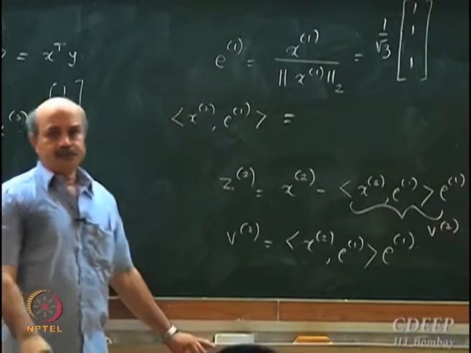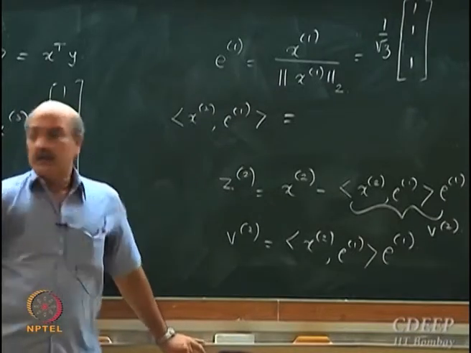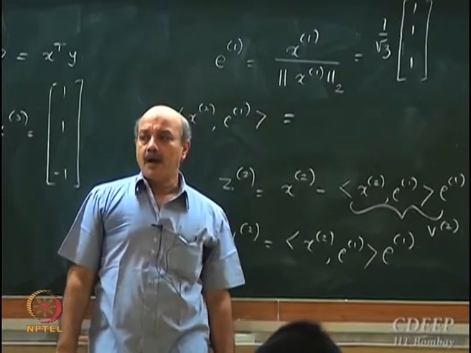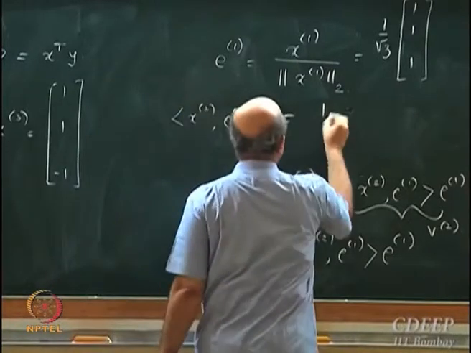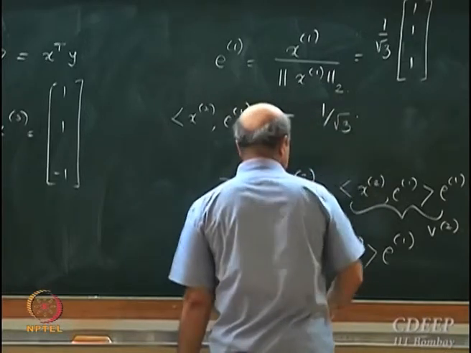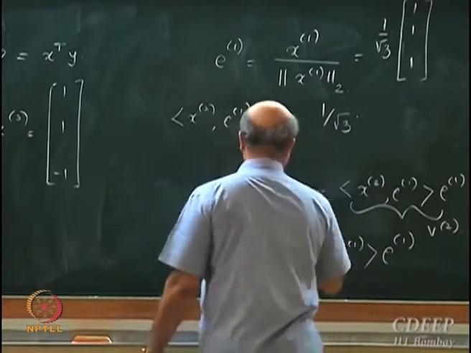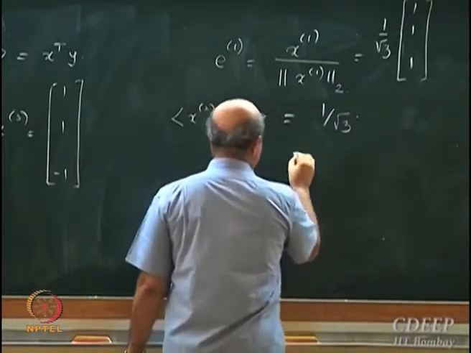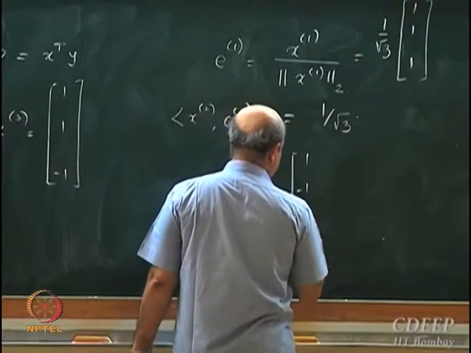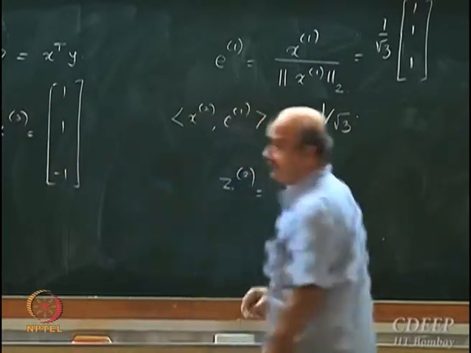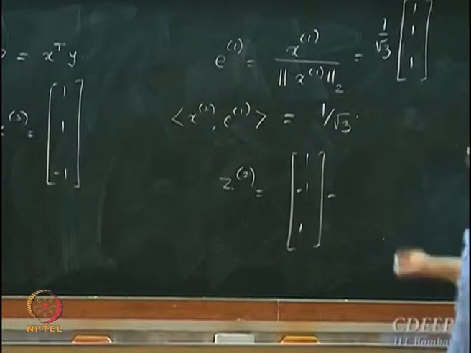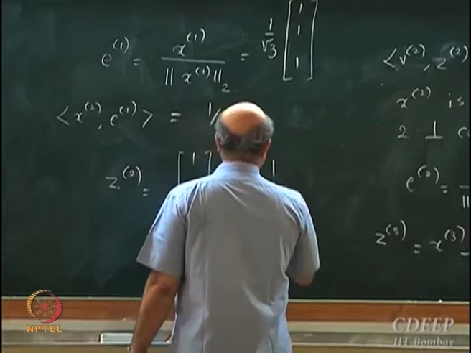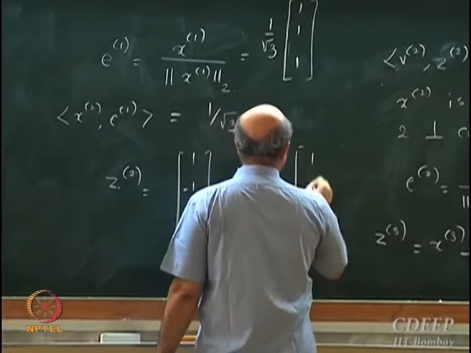What is this quantity? x2 is this vector, 1 by root 3. So what is this second vector? What is z2? It will be (1, -1, 1) minus 1 by root 3 times 1 by root 3 (1, 1, 1).